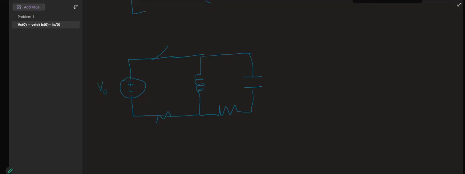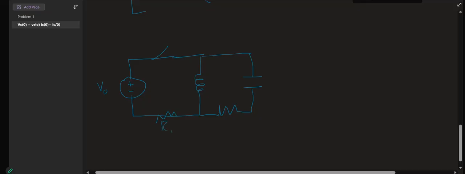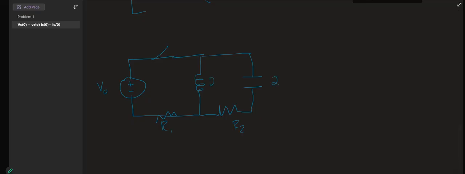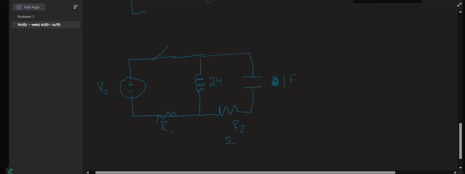I have to have another resistor there. I'm making that 2 henrys, I'll make this 1 farad, I'll make this 5 ohms, and I'll make this 10 ohms.